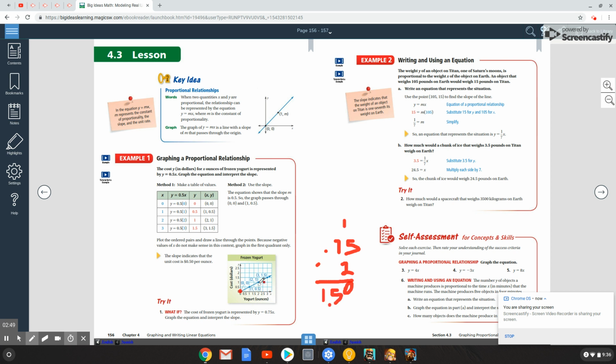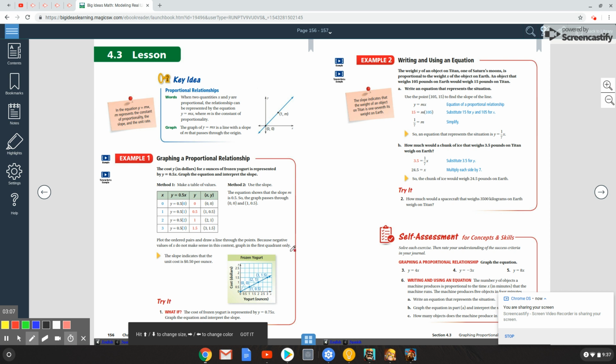So we're going to have 1.5 at the 2 mark. So the line's going to be a little steeper. It's going to look something around that. So you should have something around that plotted on your graph.